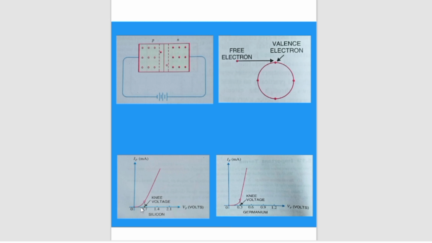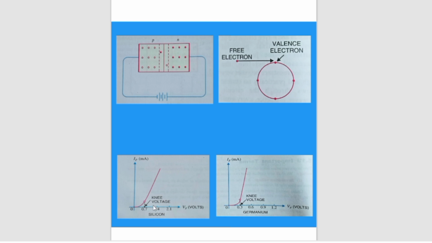For a silicon PN junction, the potential barrier is 0.7 volt, whereas it is 0.3 volt for a germanium junction. Once the applied forward voltage exceeds the knee voltage, the current starts increasing rapidly. In order to get useful current through a PN junction, the applied voltage must be more than the knee voltage. Remember this one.